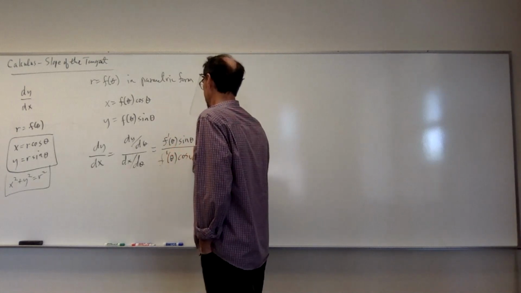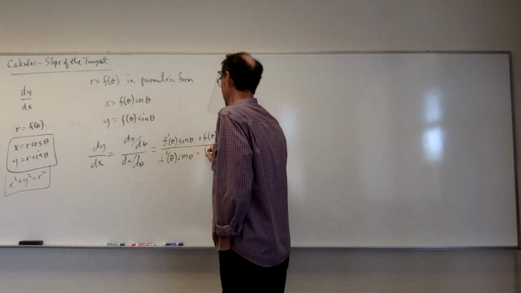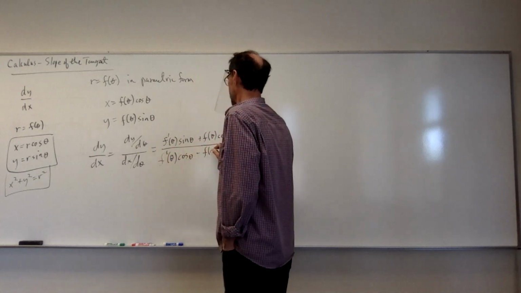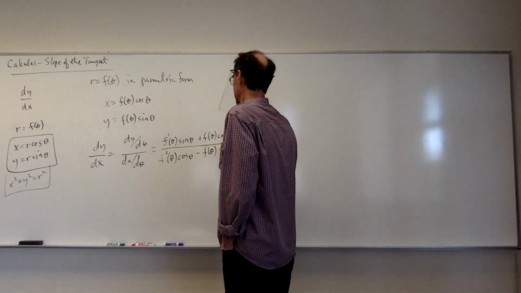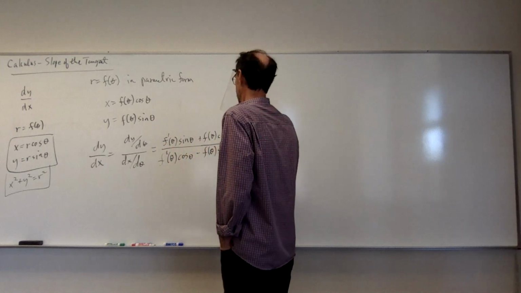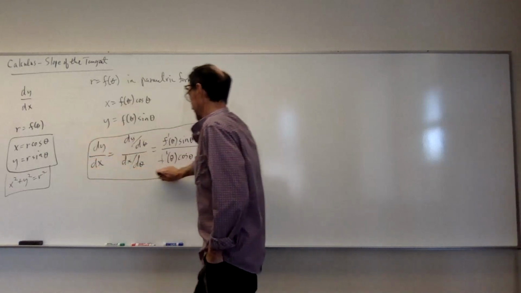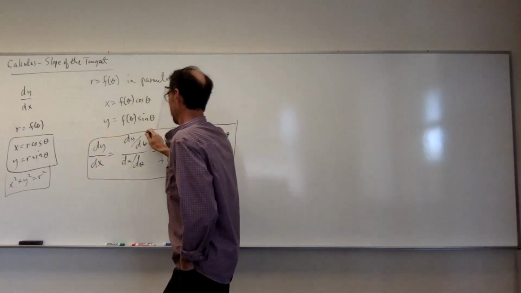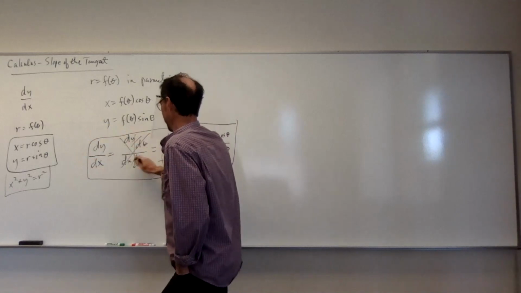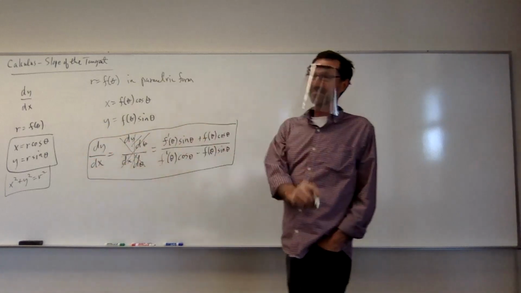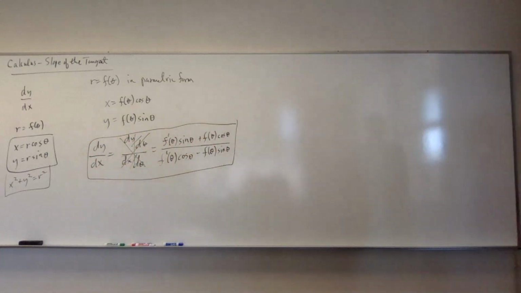Cos theta. And then I'm going to get minus. The derivative of cosine is minus sine theta. All right, so there it is. Nice little formula. We can ignore this intermediate step. That's how we find the slope of the tangent.